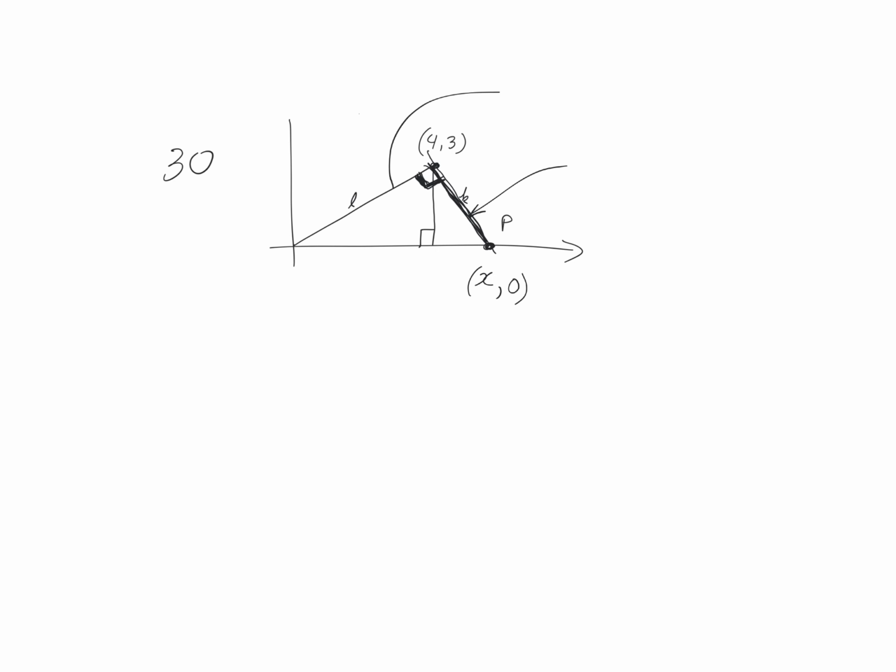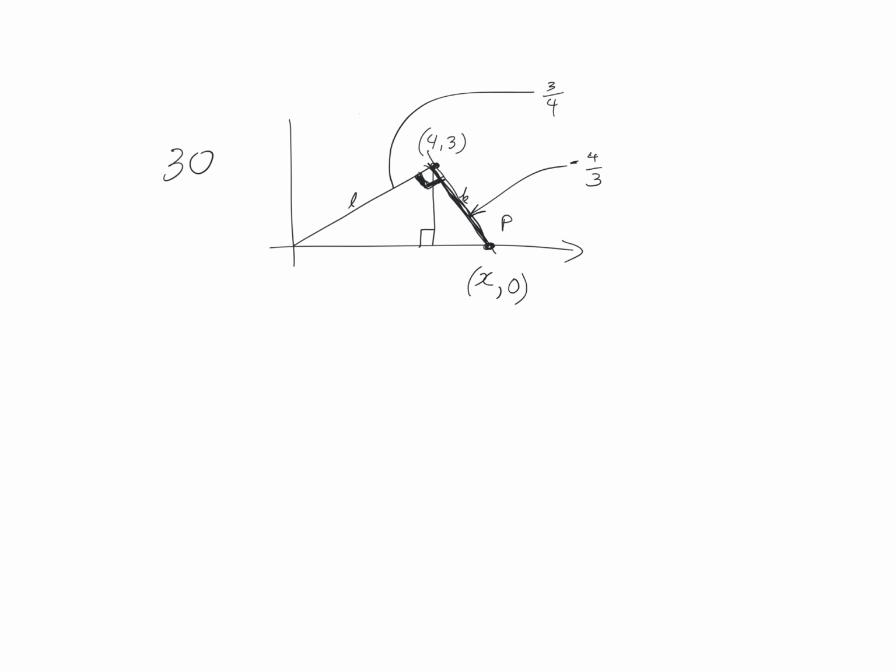Well, the slope of this line is going to be rise of 3 and a run of 4. So this is a slope of 3/4. That means that the slope of the other line, of line K, is the opposite reciprocal. So we flip the slope, we get 4/3, and we put a negative sign in front of it.